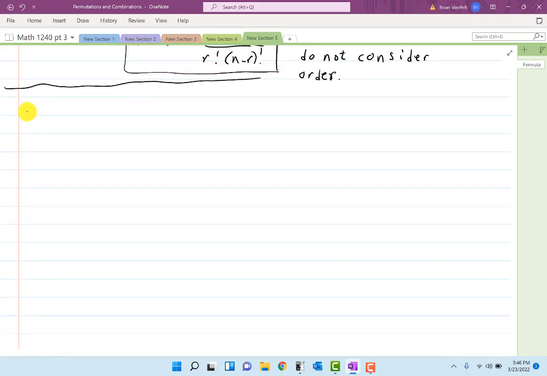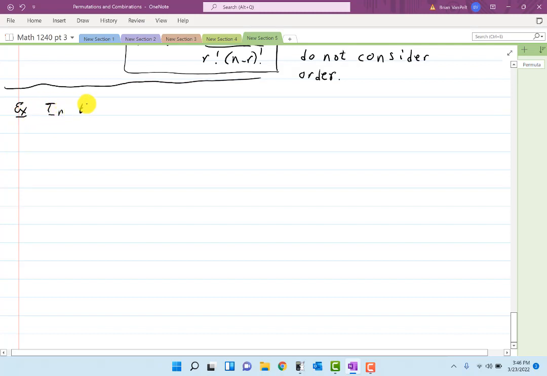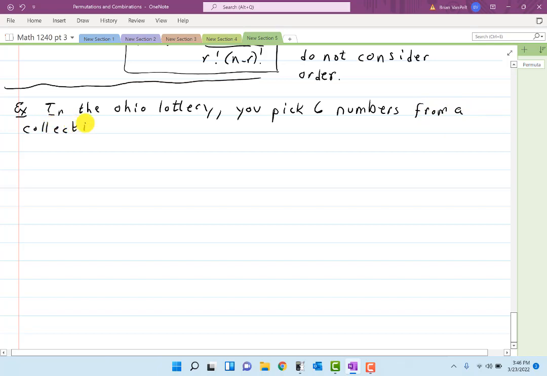In the Ohio lottery, I think it's called the Mega Millions, you pick 6 numbers from a collection of 47 numbers.